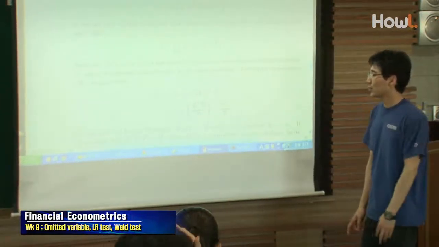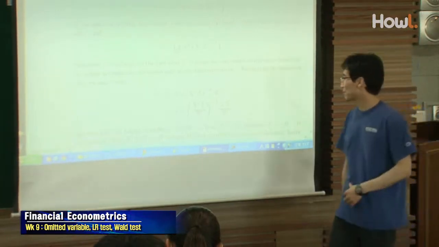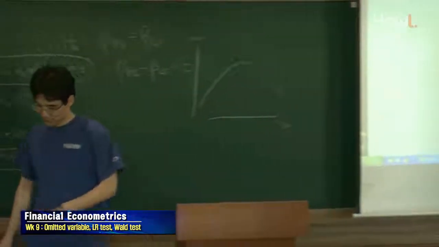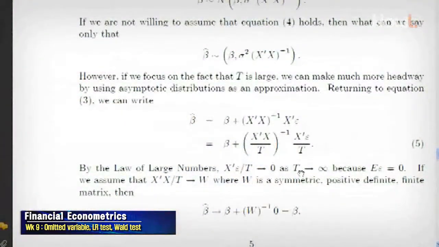Then the law of large numbers. What is the law of large numbers? Do you remember? By the law of large numbers, this one converges to 0 as T goes to infinity, because its mean is 0.